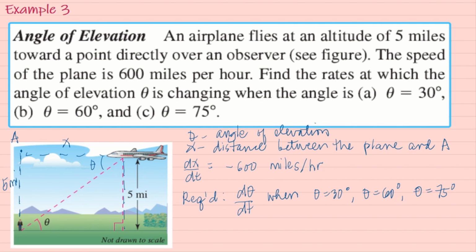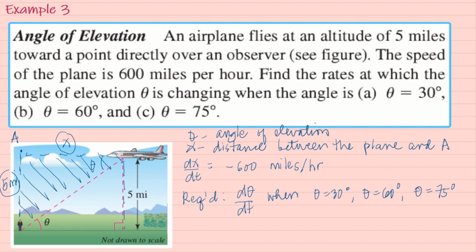Since the problem involves a relationship between an angle and the sides of a right triangle, we are going to use trigonometric expressions. In this case, it will be tangent, because if you look at the triangle here, with respect to theta, we are given the adjacent and the opposite side.